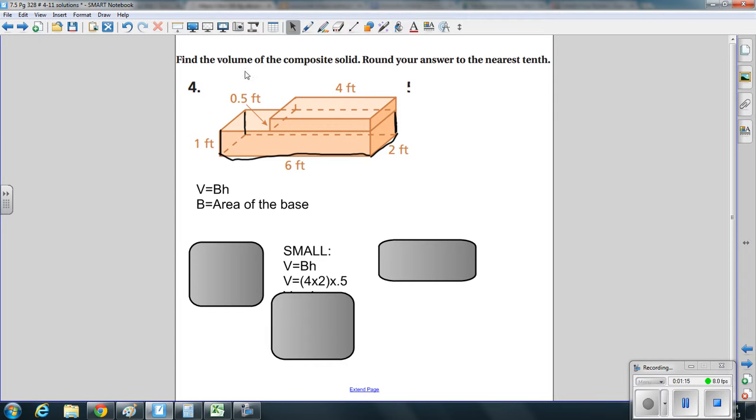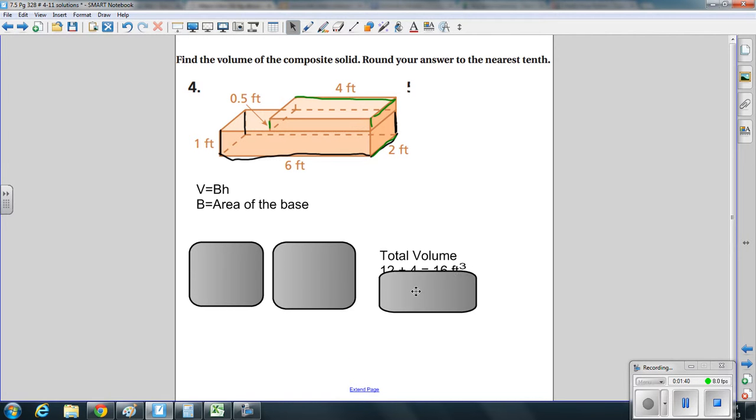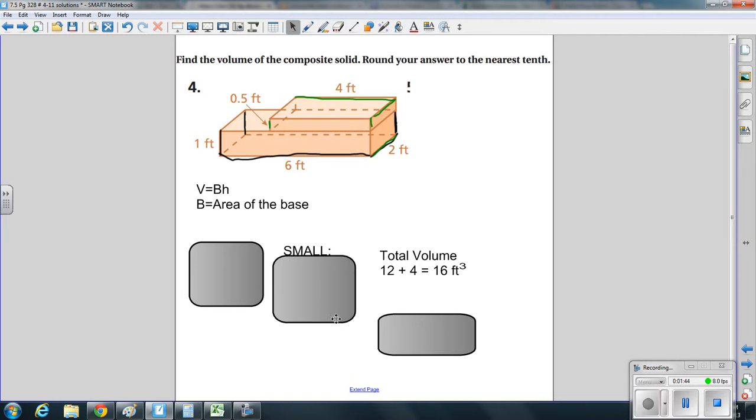So if we take a look at the small prism, we have a length of 4, a width of 2, because that line is congruent to this line here, times a height of 1 over 2, which is 0.5. So 4 times 2 times a half is 4. So to find the total volume, we take 12 plus 4 is 16.